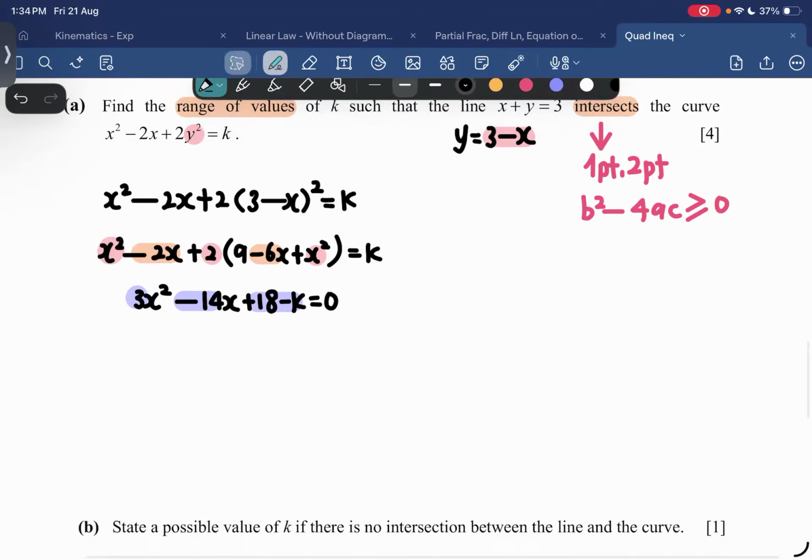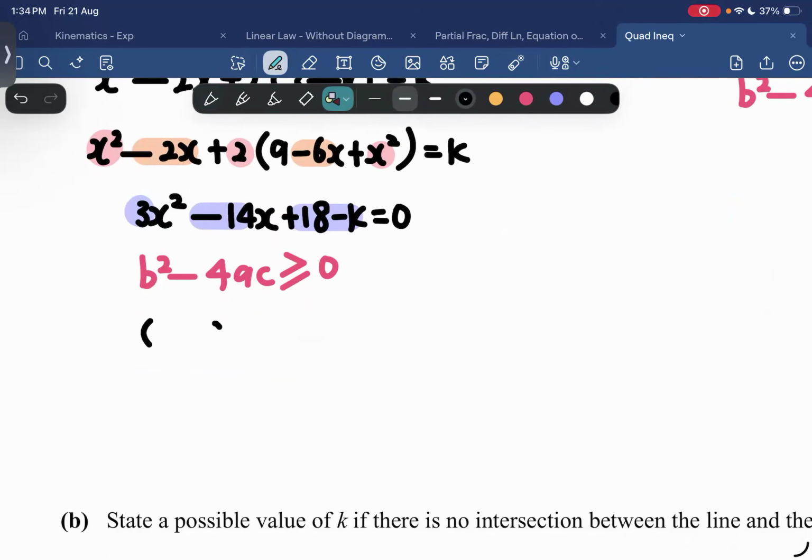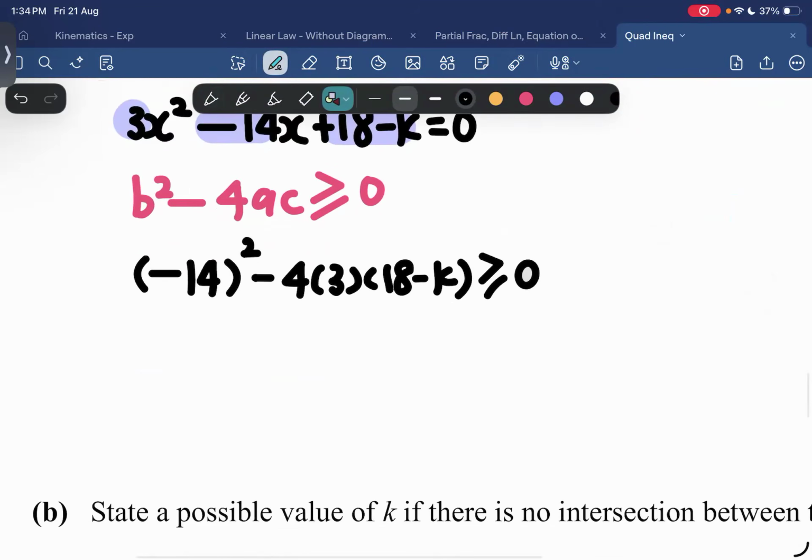Okay, so we already know that the discriminant is going to be more than or equal to 0. So you got the same logic here. Discriminant, so negative 14 squared minus 4ac, more than or equal to 0. Take note, it's not just more than 0, okay? So what we have here is 14 squared is 196. This is 216 plus 12k.